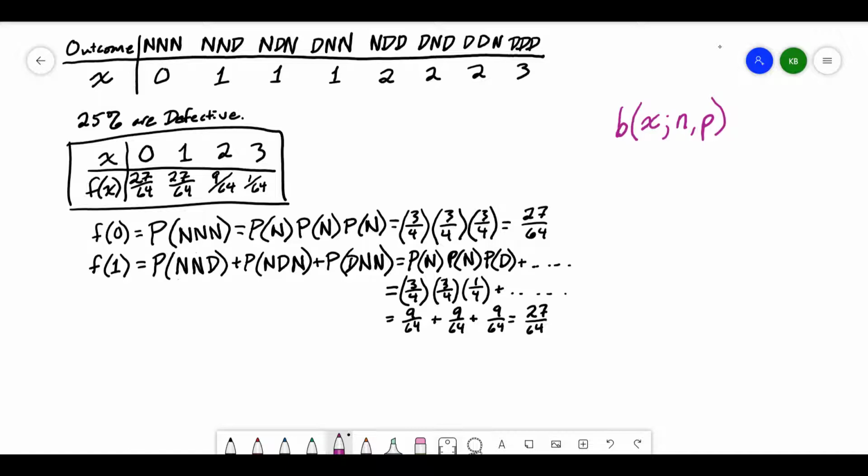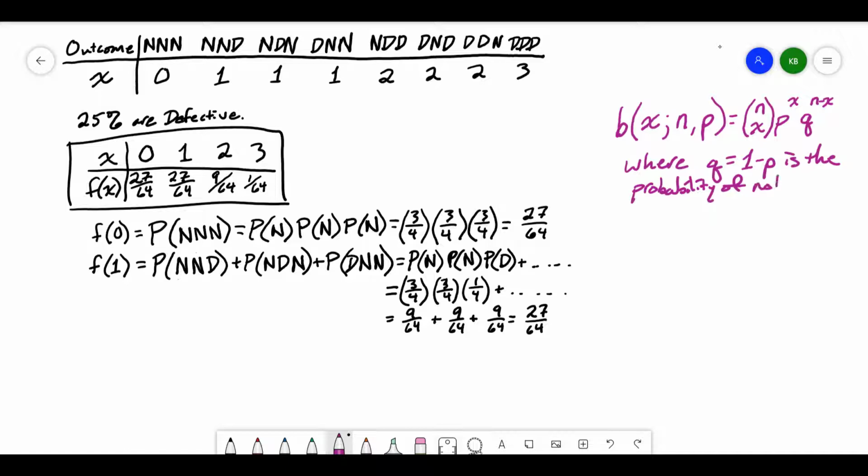This tells me that I can actually find this by taking my n trials, choosing the x of them that are going to be successes, and multiplying that times the probability of success raised to the power of my number of successes I'm looking for, times this value q, which is going to be my probability of not successful, times the number of not successful trials I have. So we're going to have q equals 1 minus p, the probability of not successful.